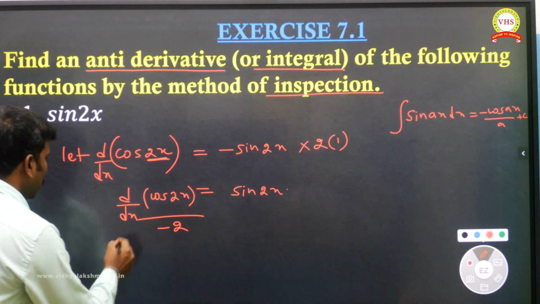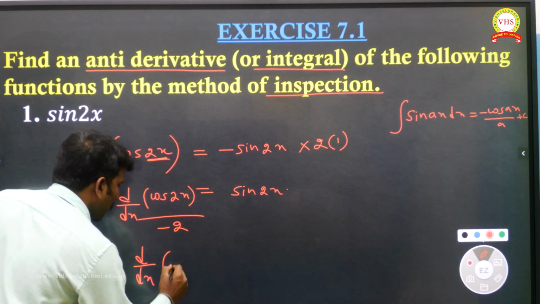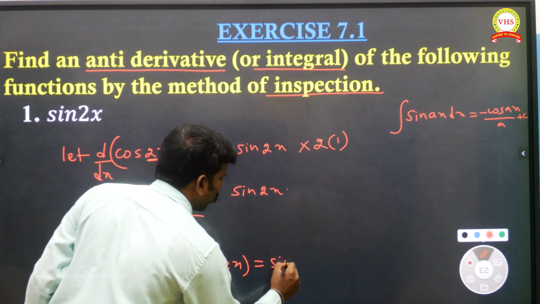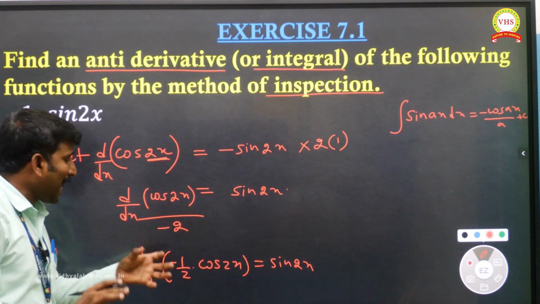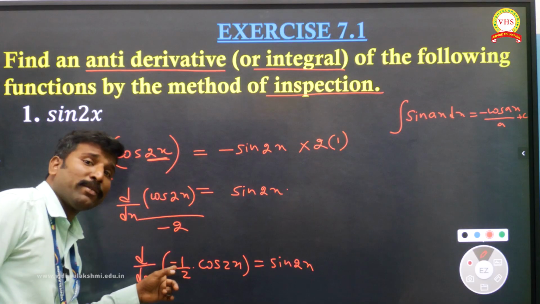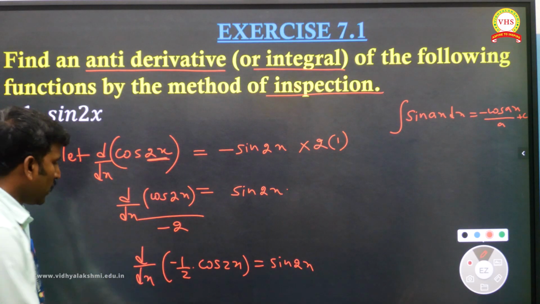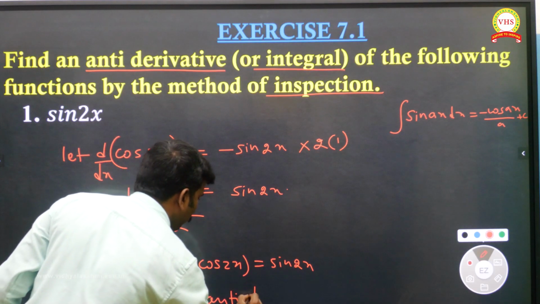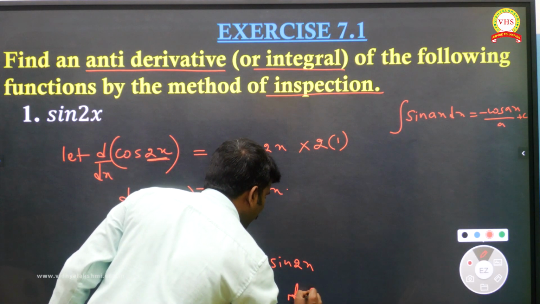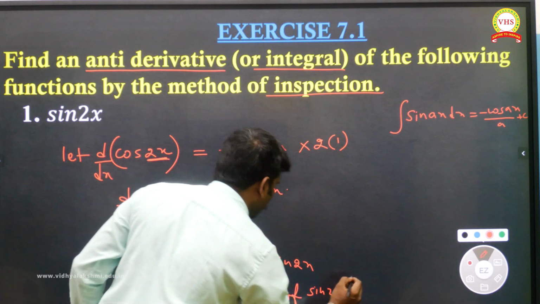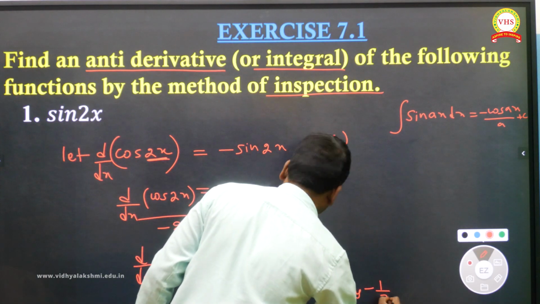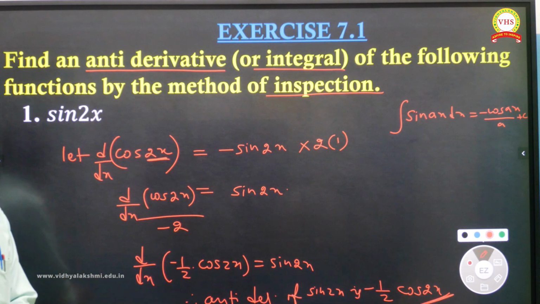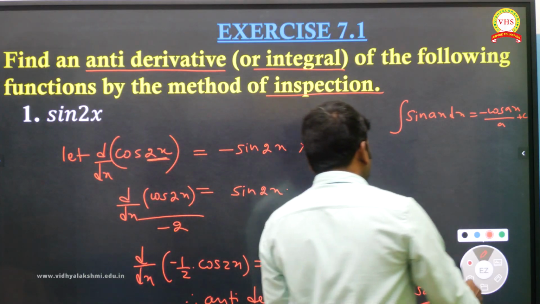Now, the derivative of minus 1 by 2 into cos 2x is equal to sine 2x. So what is the antiderivative of sine 2x? What we have inside the derivative is our required answer. Therefore, the antiderivative of sine 2x is minus 1 by 2 cos 2x, our required answer for the first question. I hope you understand. Let's go to the second question.